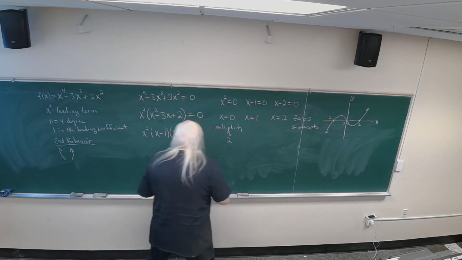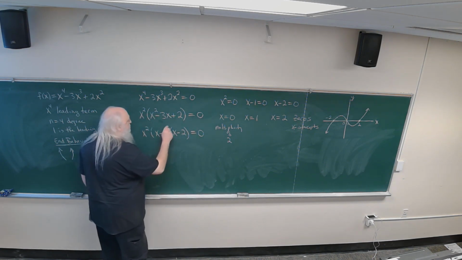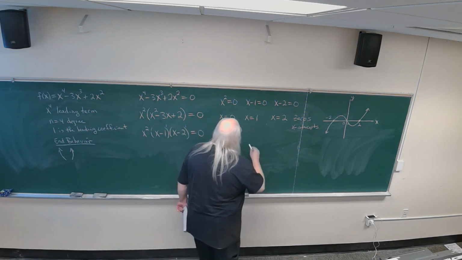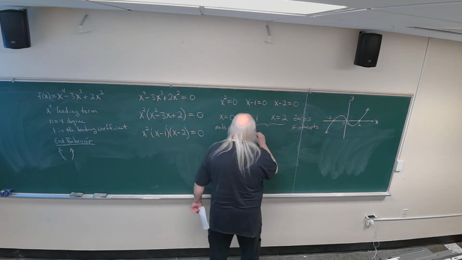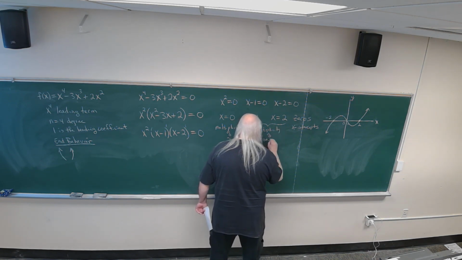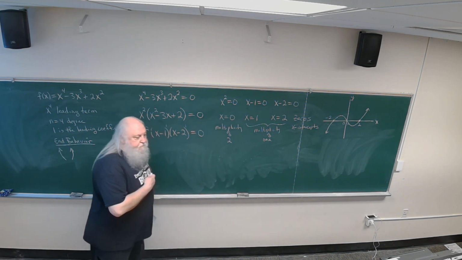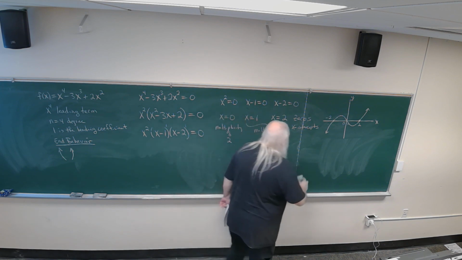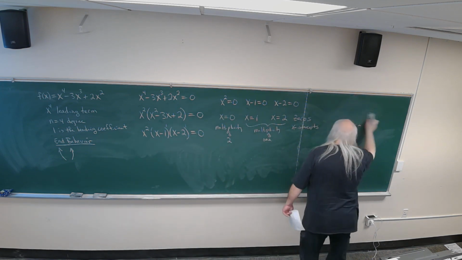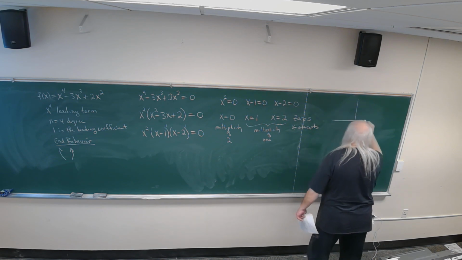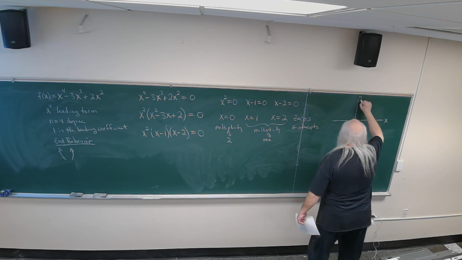And x minus 1 is raised to the first power, x minus 2 is raised to the first power. So these 2 zeros have a multiplicity of 1. Okay? So now we basically have the information we need to graph this polynomial function.